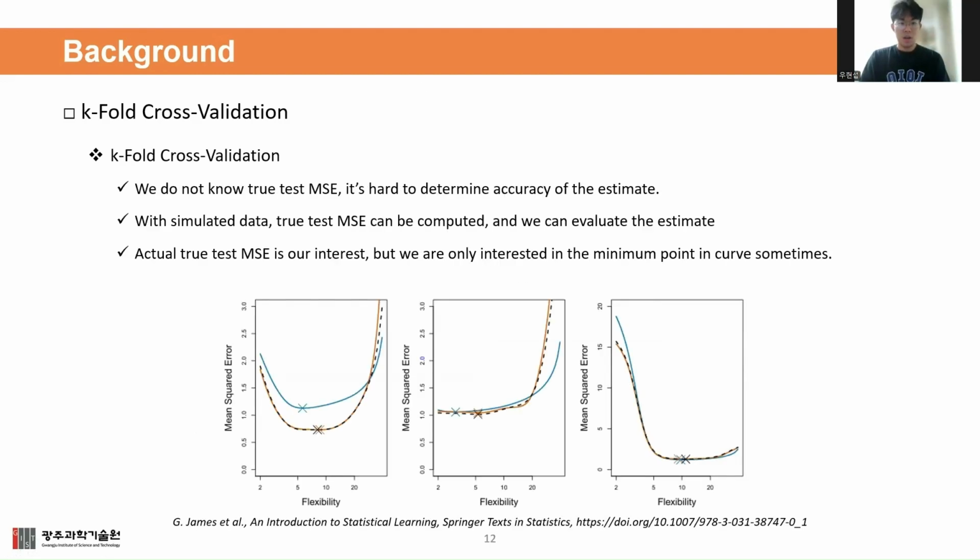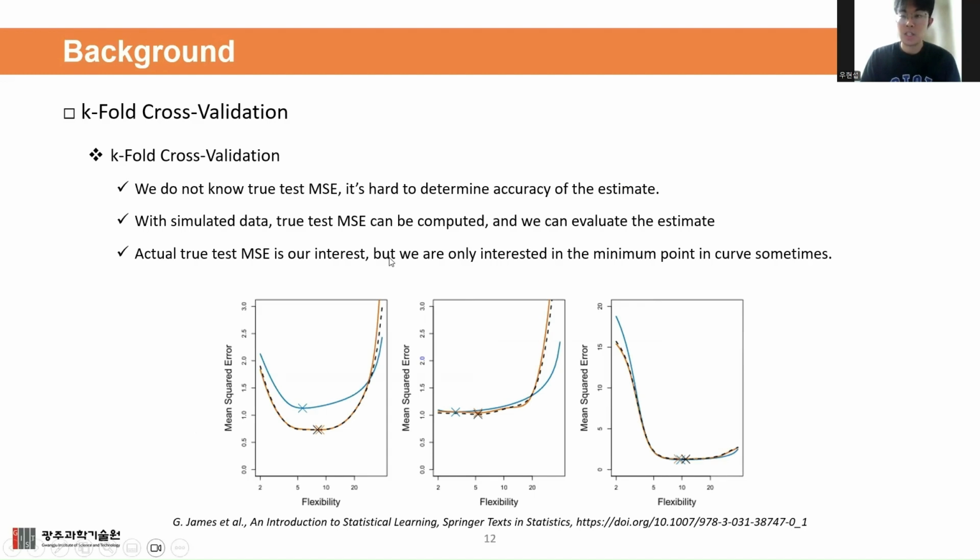However, we don't know the true test data, so it's hard to determine the accuracy of this estimate because we don't know the whole test data. So obviously, it's hard to know the true test MSE.